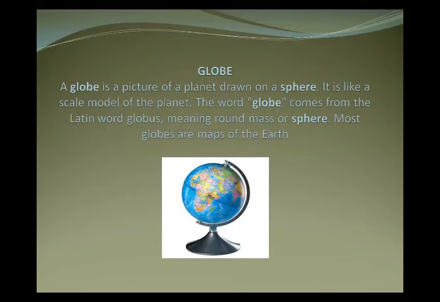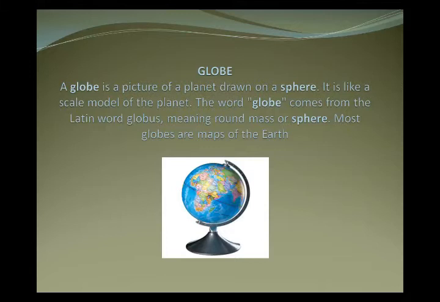The word globe comes from the Latin word, as we have shared, globus, meaning sphere. Globes have a long history. The first known mention of a globe, the Crete globe, is from Strabo, describing the globe of Crete from about 150 BC.